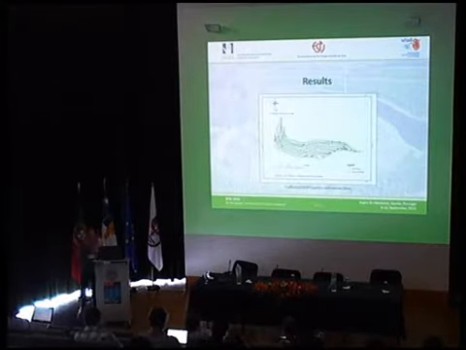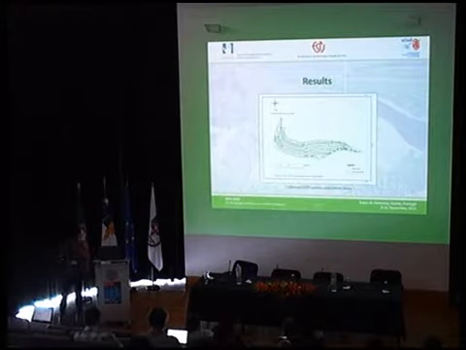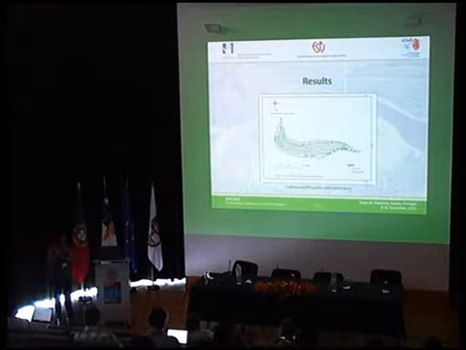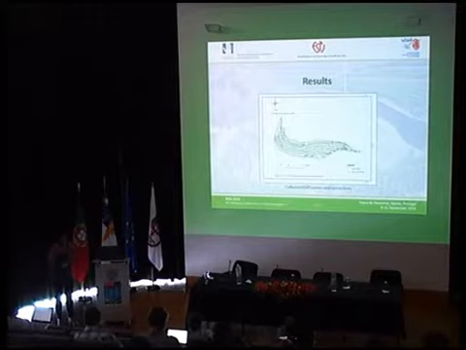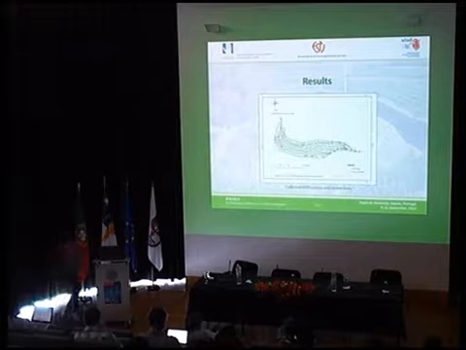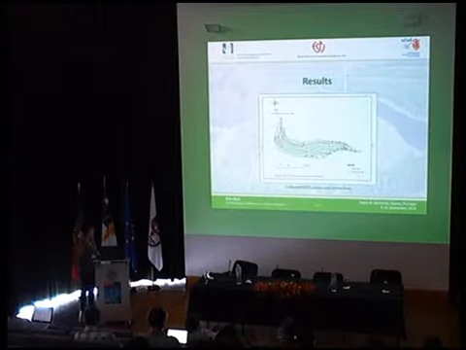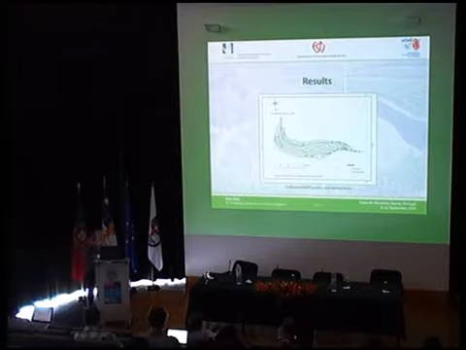As a result, we then have a series of maps for creating a triangular irregular network, that is the digital elevation model, and we have analyzed the results.